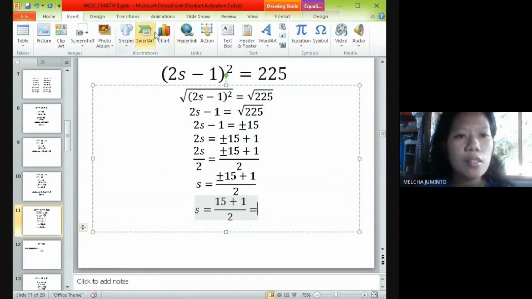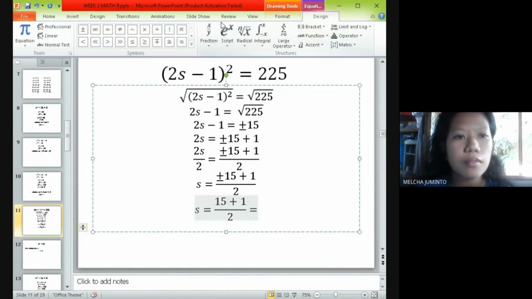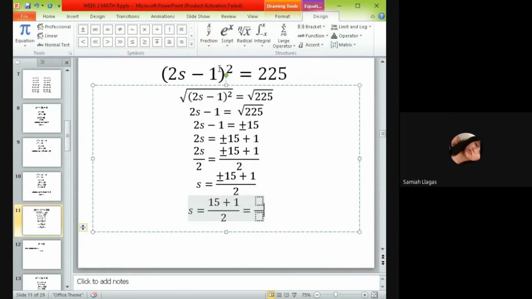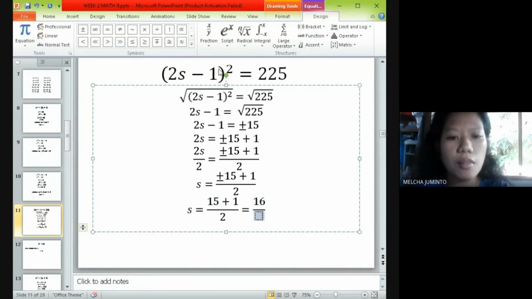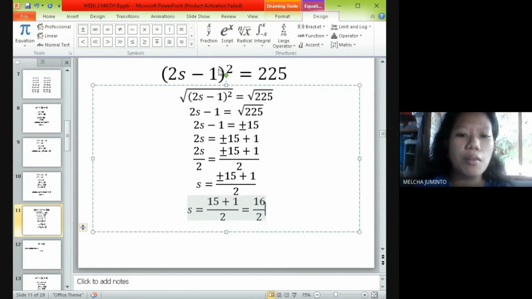And then since we know that 15 plus 1 is equal to 16, and then we copy 2. What is 16 divided by 2? 8.